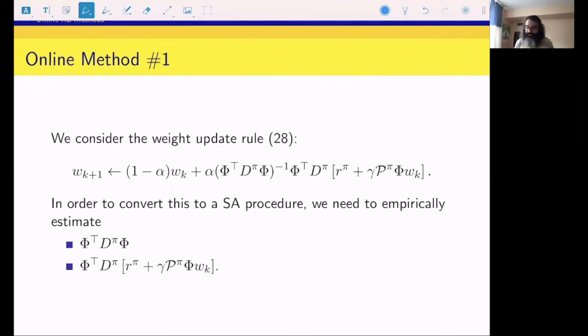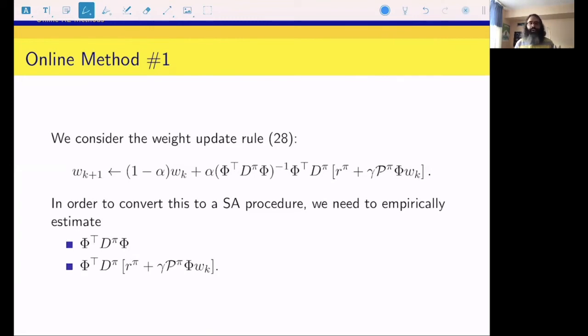We had this projected Bellman operator, and we said that we can consider it as a fixed point equation, and try to find a fixed point solution for it using an iterative method. We had two methods, which were population versions, so they required knowledge of, say, the transition model.